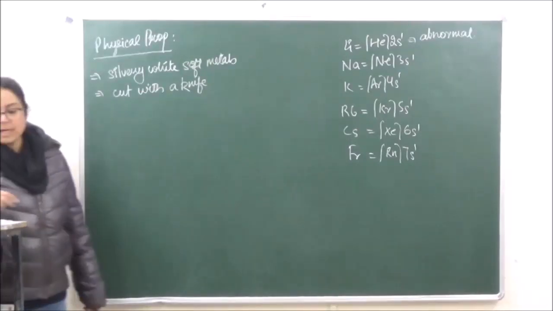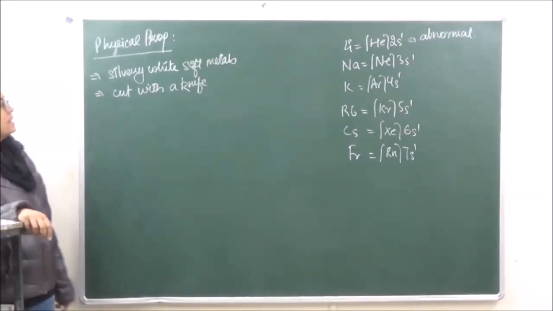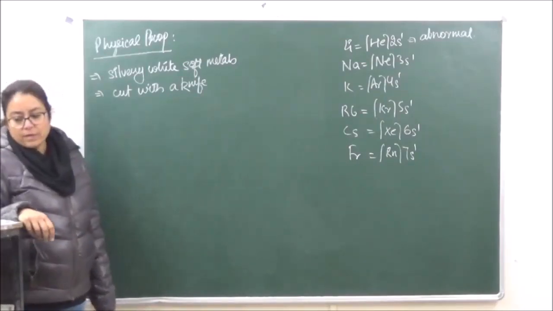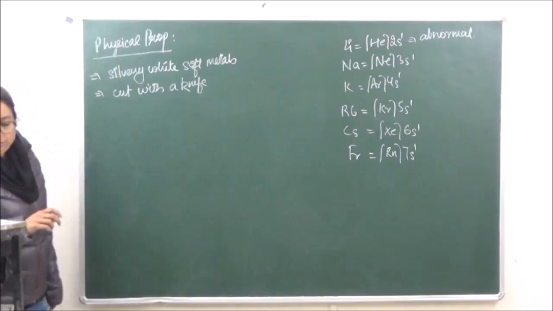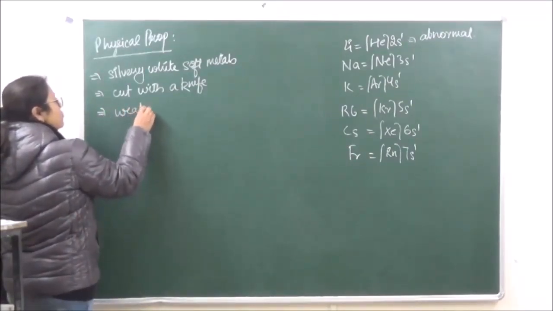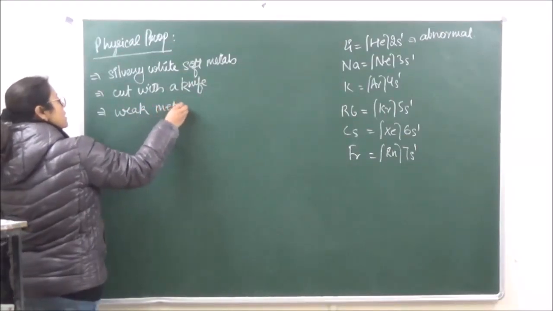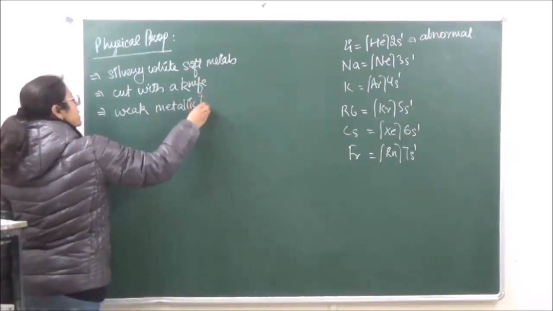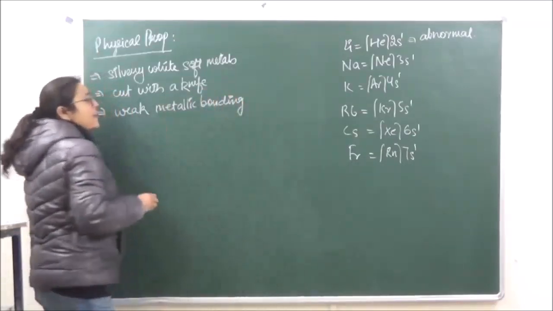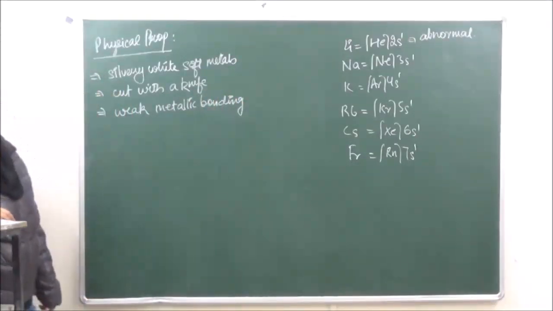Except lithium, which is a little harder than the rest of them, and lithium cannot be cut with a knife. Now, due to the presence of a single electron, they have weak metallic bonding, and because of this weak metallic bonding, they are soft and not hard.